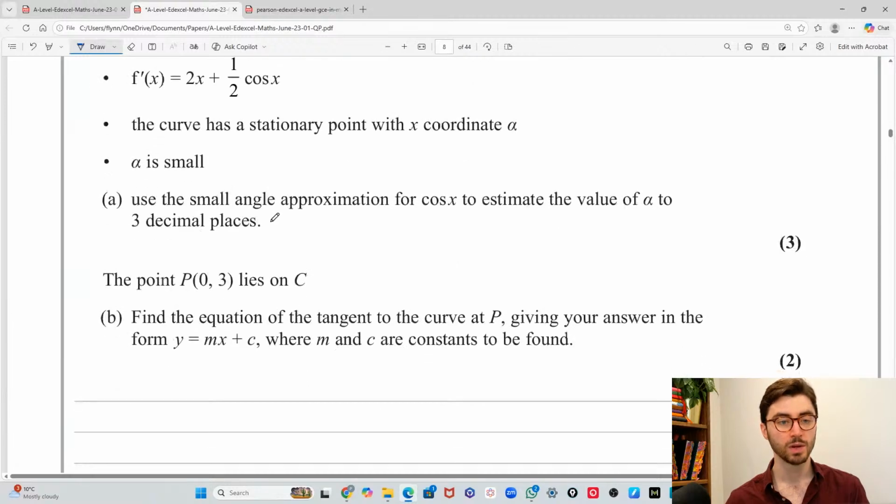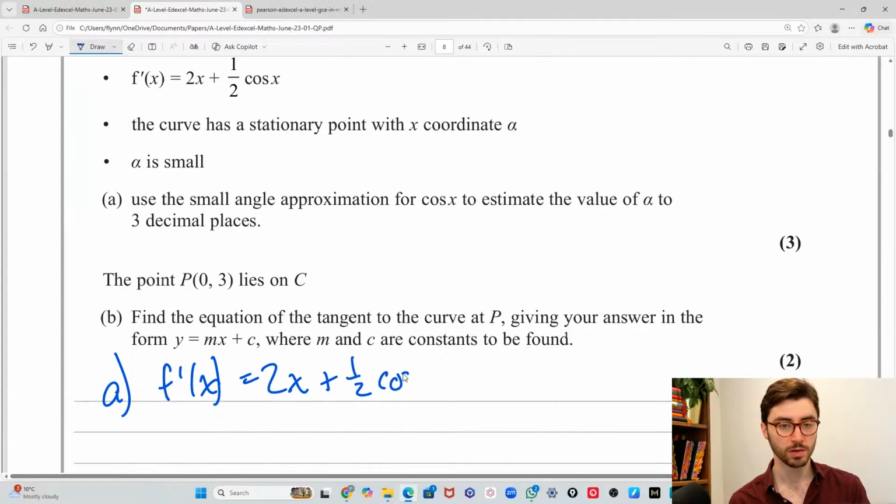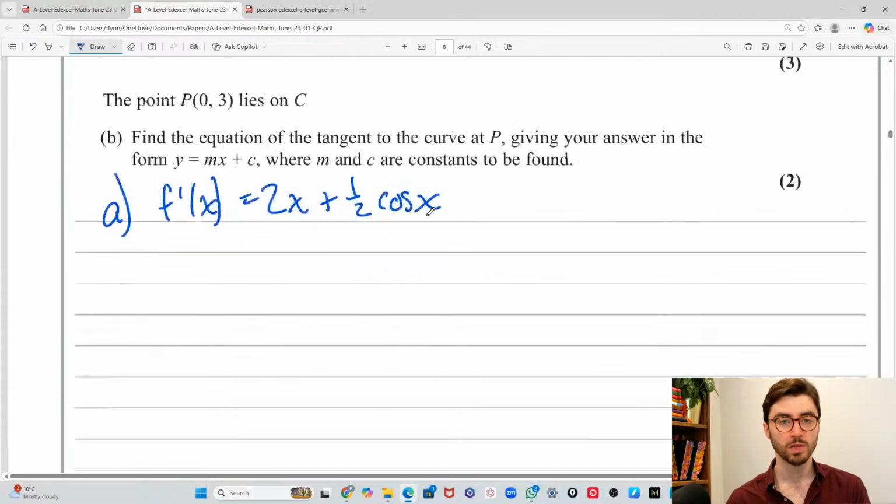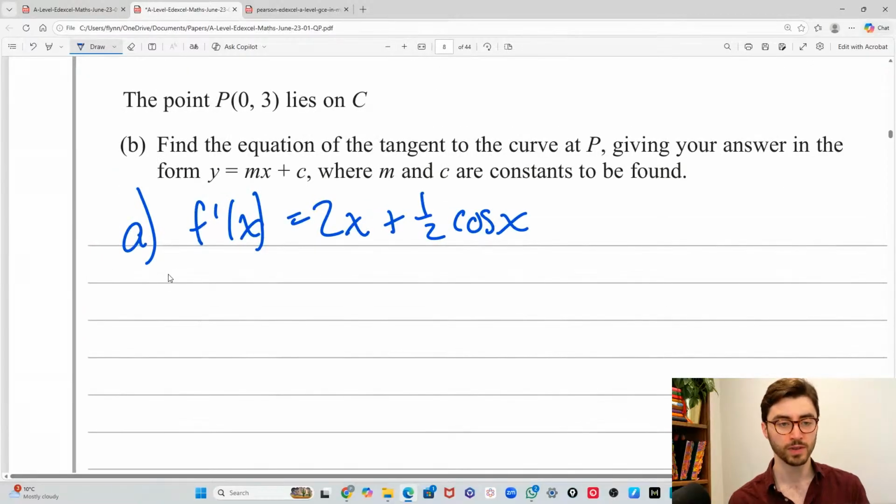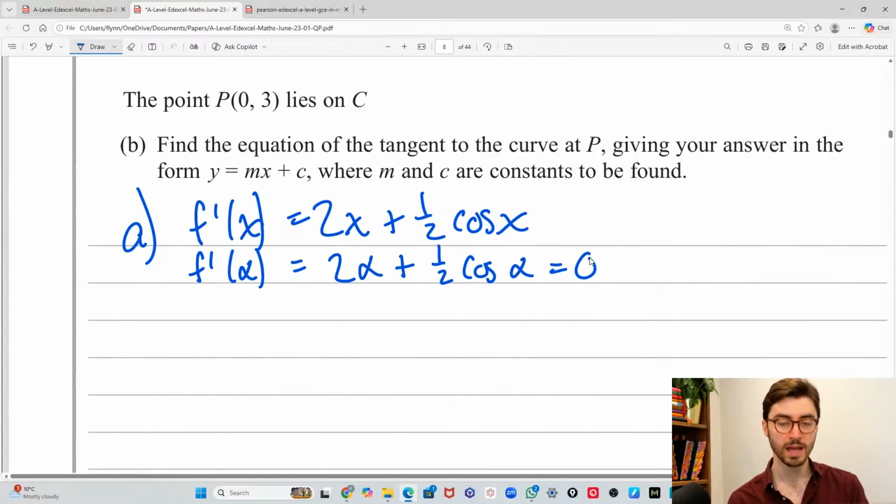Right. So given that f dash of x is 2x plus a half cos x, we know that f dash of alpha equals 0. So 2 alpha plus a half cos alpha equals 0. And if alpha is small, we use the small angle approximation.